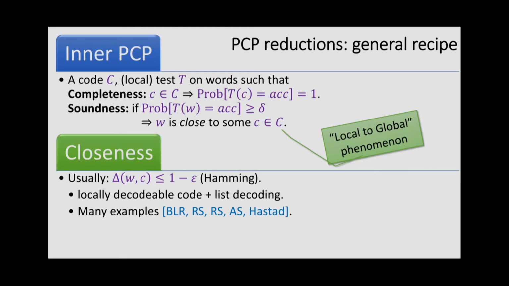So close is a very loose sense of close. You want it to be correlated with C. Okay? This is the relative Hamming distance, so this says that W and C agree on at least epsilon of the coordinates.